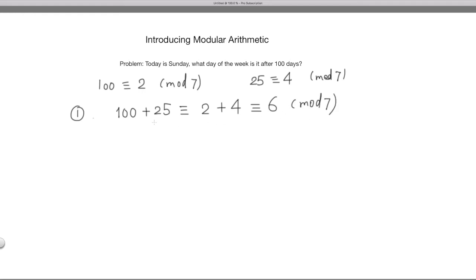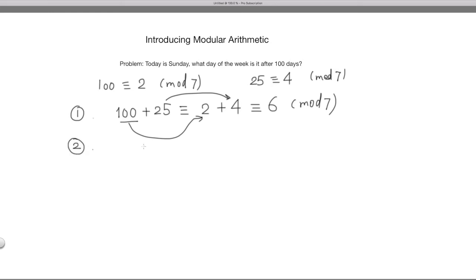So this simplifies the addition. In our usual way of finding the remainder of 100 plus 25 divided by 7, you add them up and then divide by 7 and find 6. Here, I'm dividing to find the remainder of 100 and the remainder of 25 first, and then adding them up, which simplifies it a little bit.